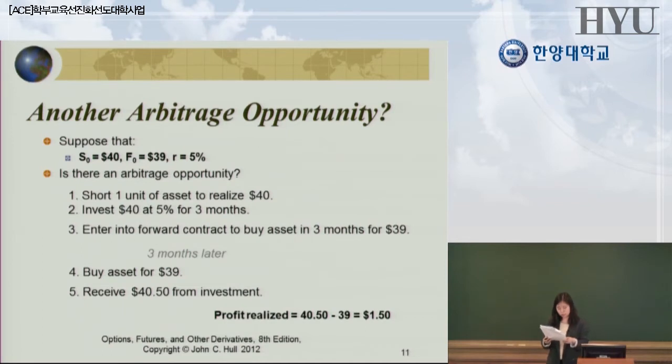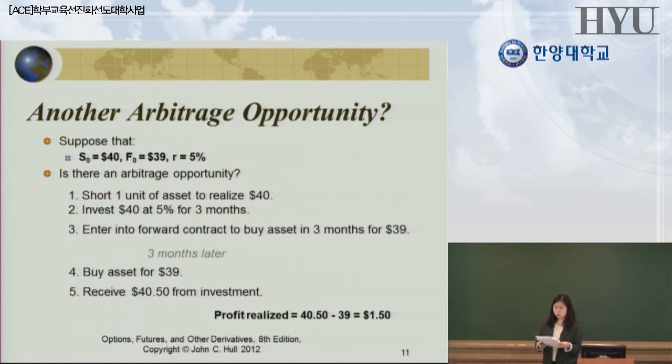To solve that, first short 1 unit of the asset to realize $40 and invest $40 at 5% for 3 months, and enter into a forward contract to buy the asset in 3 months for $39. 3 months later, buy the asset for $39 and close the short position and receive $40.5 from the investment. Therefore, the profit realized is $1.5.